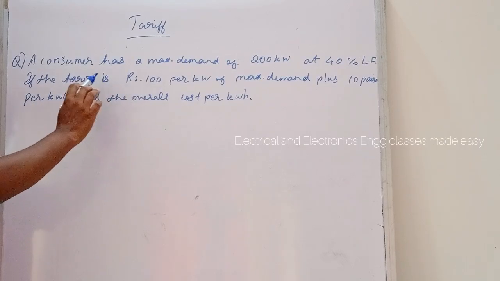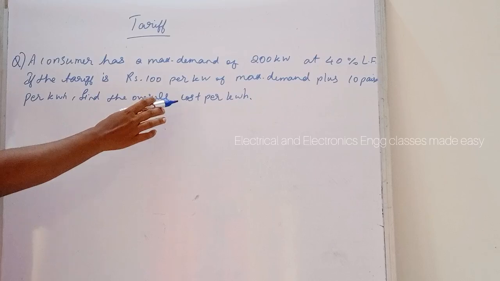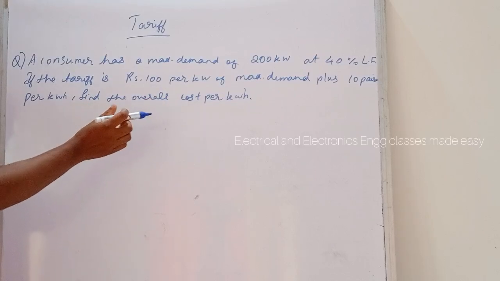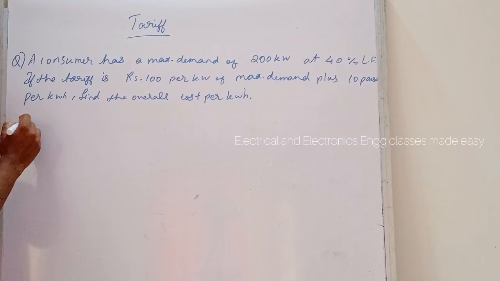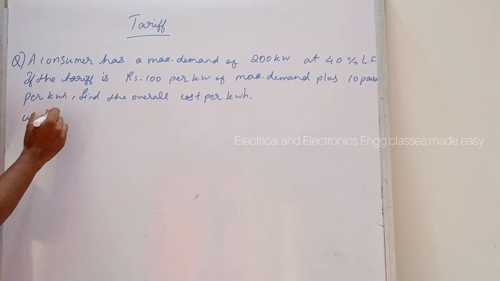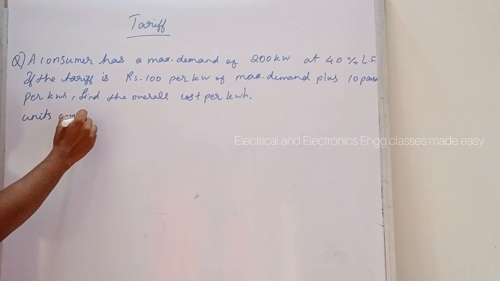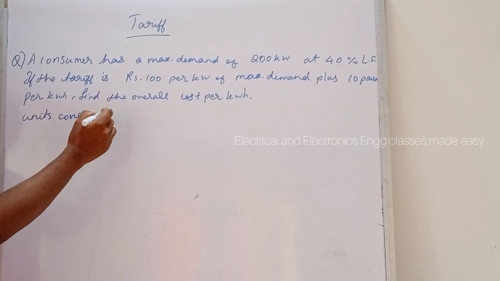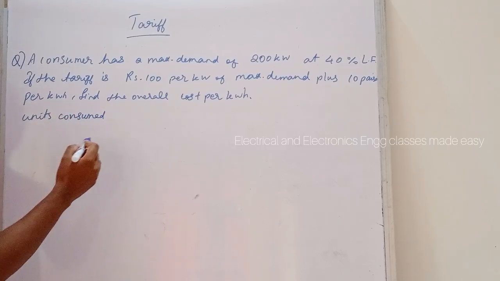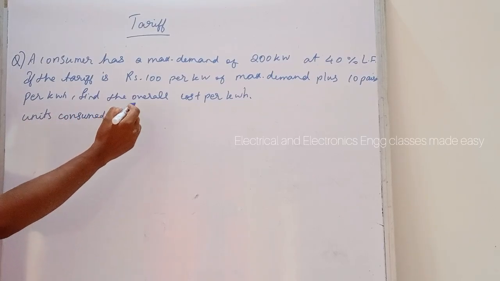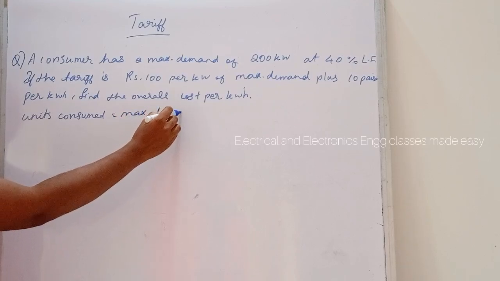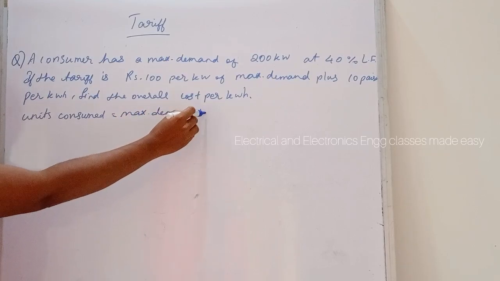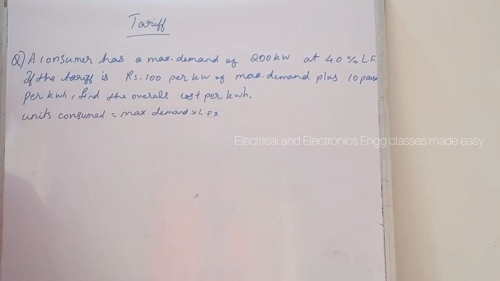So here, to find the overall cost per kilowatt hour, we have to find the kilowatt hour, that is the units consumed. So first of all, find the units consumed, and that is equal to maximum demand into load factor into hours in a year.